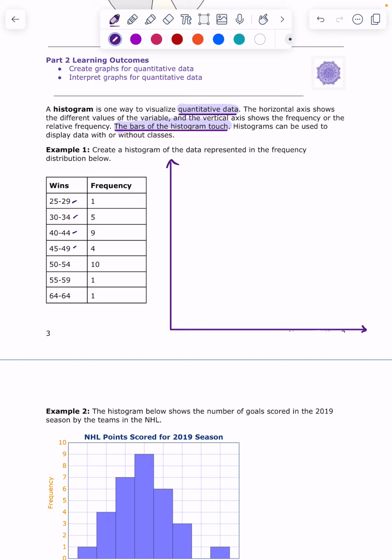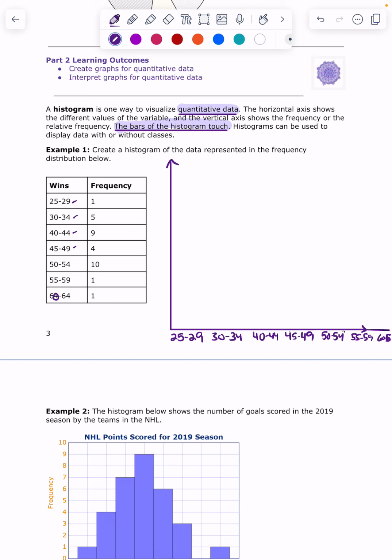So we want to label those on the horizontal. So we start with the bottom, 25 to 29. And then you're going to put a little bit of a space between each class, but not a lot because these bars are going to touch. 55 to 59, and then got to go a little bit further, 60 to 69, or 65.